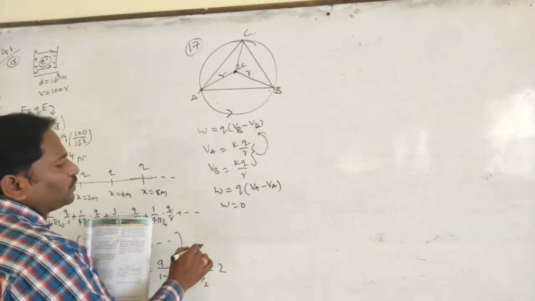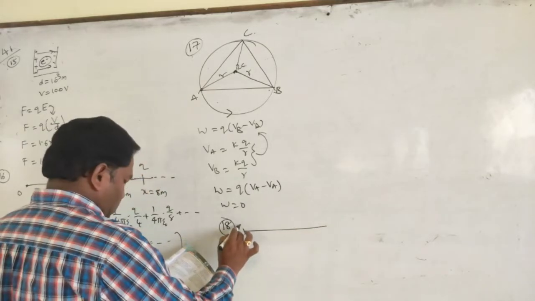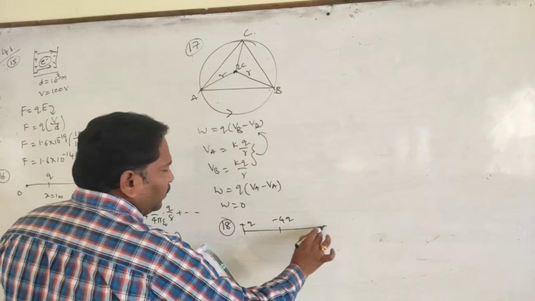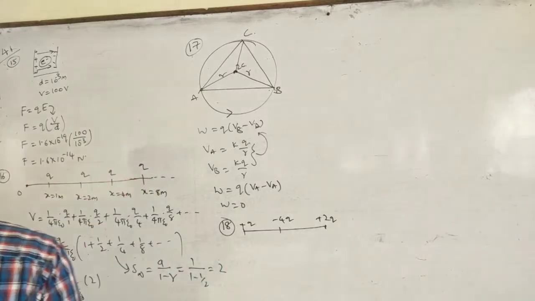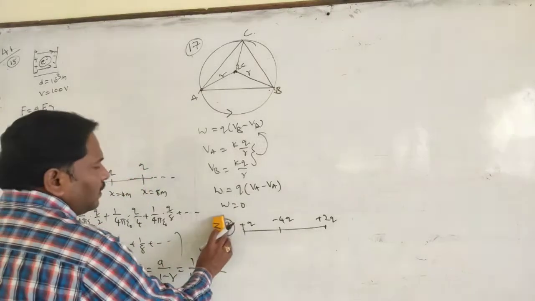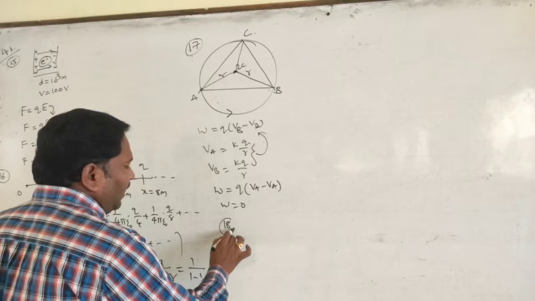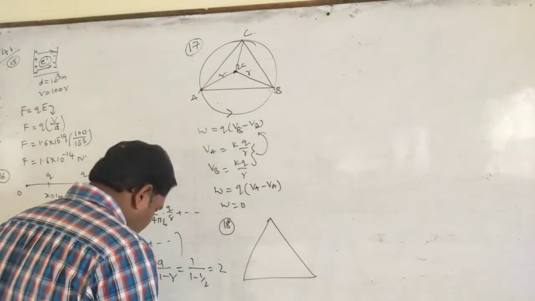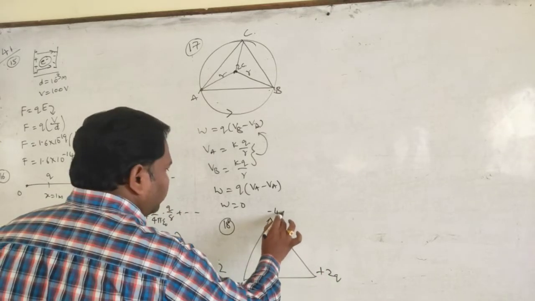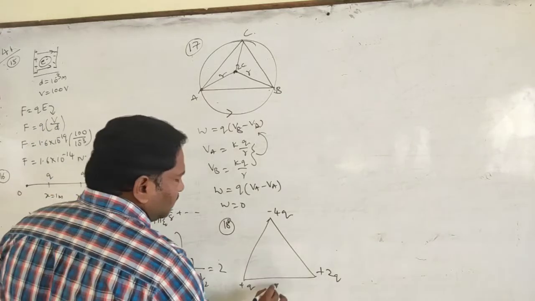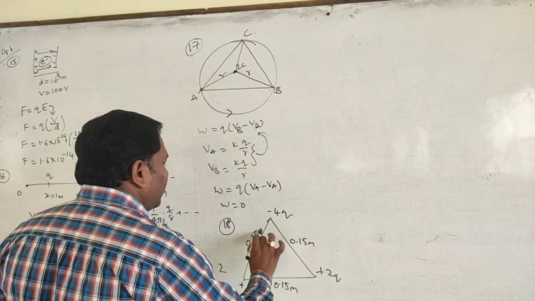And question number 18. There are three charges, plus q, minus 4q and plus 2q, arranged on an equilateral triangle with sides 0.15 meters, 0.15 meters, 0.15 meters.